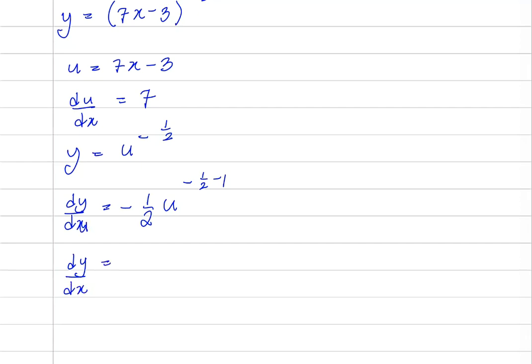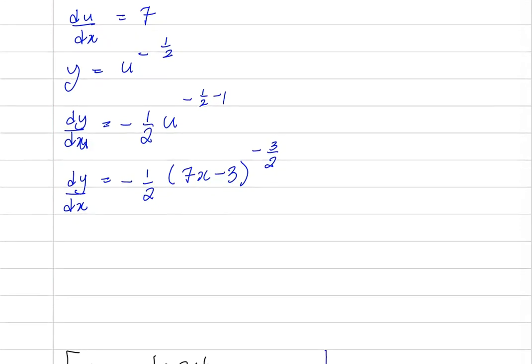So this would be equal to minus a half times u, which is 7x minus 3 raised to the minus 3 over 2 power. Minus a half minus 1 is minus 1.5, which is the same as minus 3 over 2.